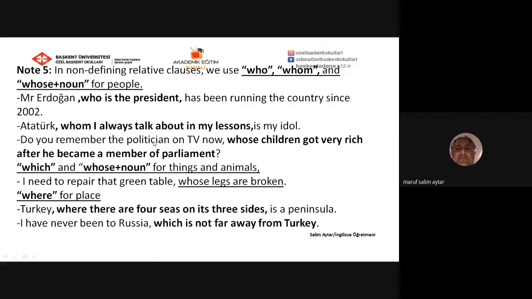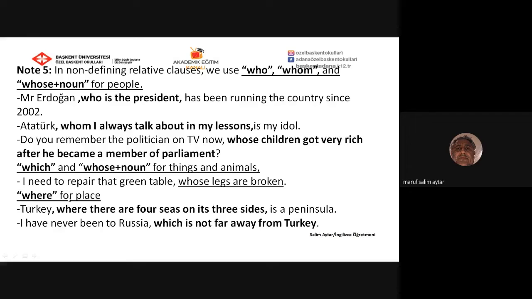Do you remember the politician on TV now, whose children got very rich after he became a member of the parliament? So, in non-defining relative clauses, we use who, whom, and whose plus noun for people, and which and whose plus noun for things and animals.